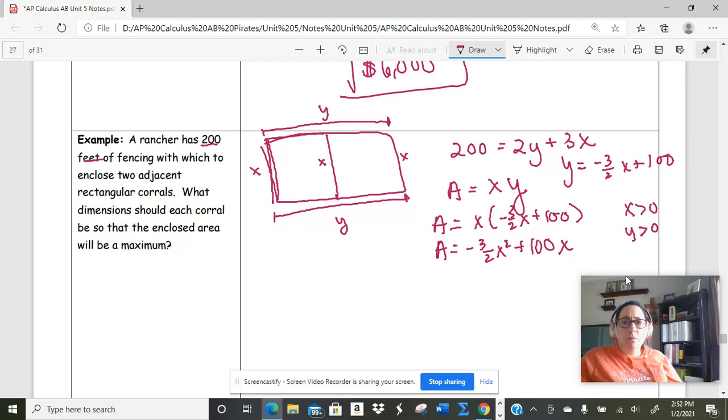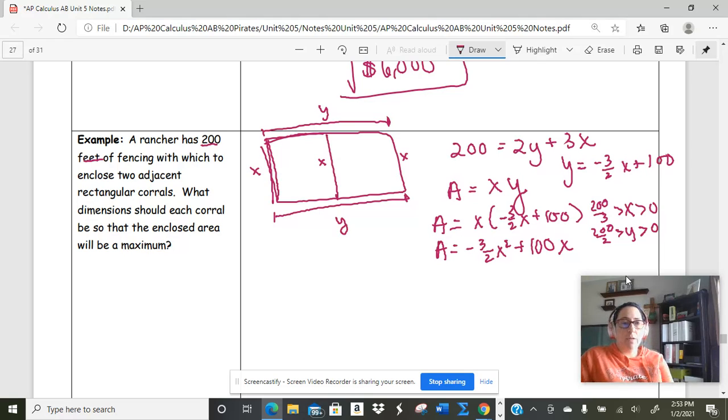But I also know they're going to have to be less than a certain number as well. So if x was 200 divided by 3, it would have to be less than that. And y would have to be less than 200 divided by 2. Or we won't have any room for the other ways.